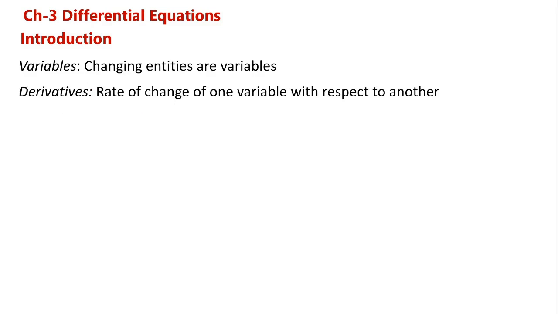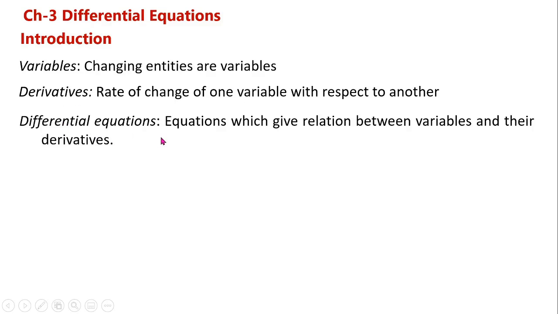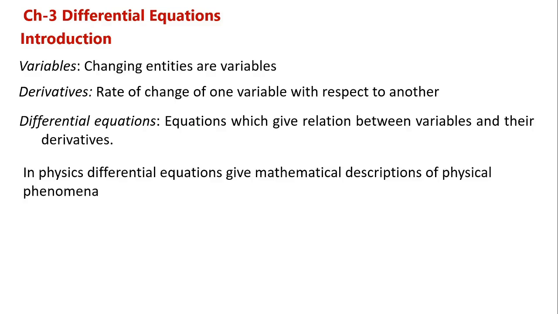If light intensity is changing with respect to time, then the change in light intensity with respect to time is mathematically represented using derivatives. Then the term differential equation. The definition is: equations which give the relation between variables and their derivatives.